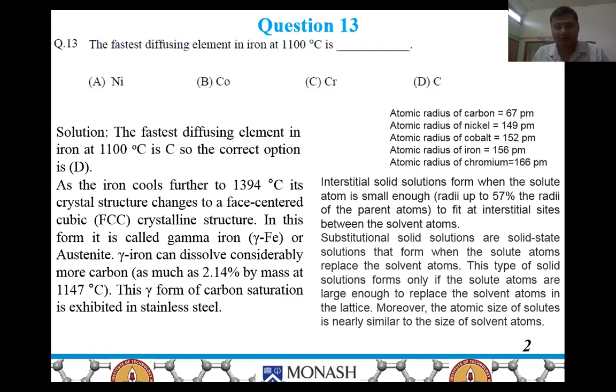So at 1100 degrees centigrade, the iron will be in the form of gamma iron, and gamma iron can dissolve considerably more carbon, as much as 2.14% by mass, at around 1147 degrees centigrade, and this gamma form of carbon saturation is exhibited in stainless steel.